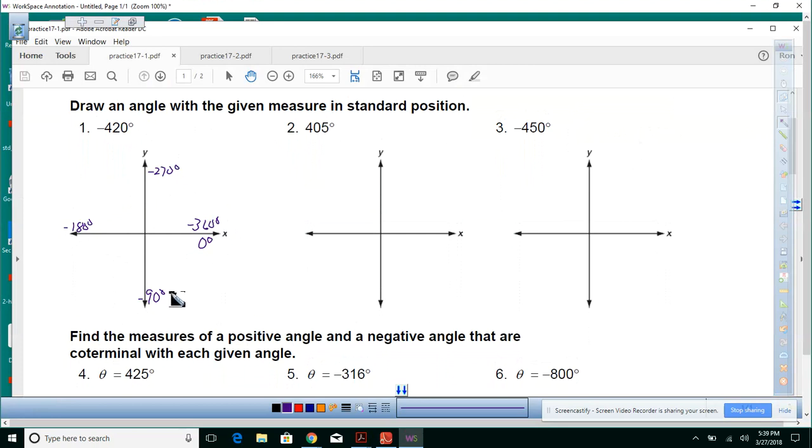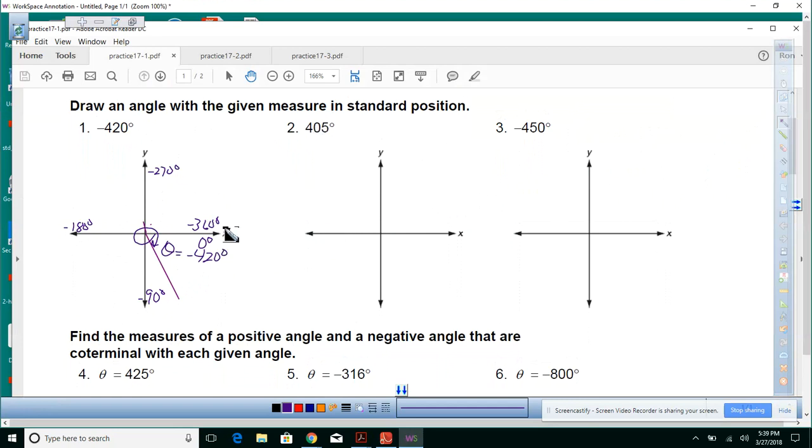So negative 420 is going to be in here, and I'm going to say about 60 degrees in there. So put it about right there. All right. So we start here and we go all the way around back to there. Theta equals negative 420 degrees.